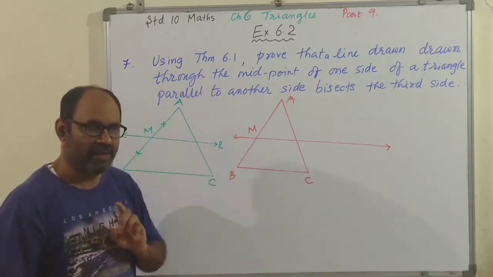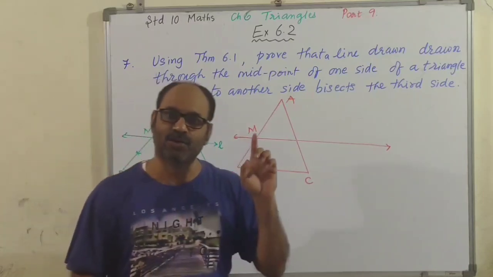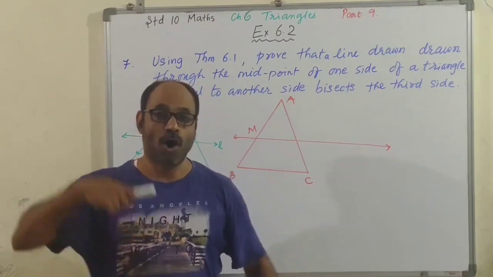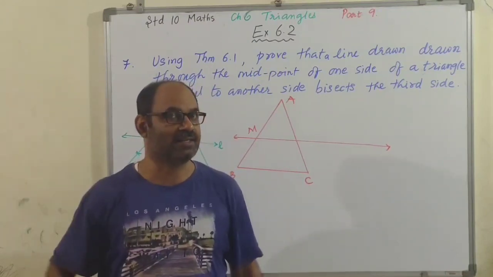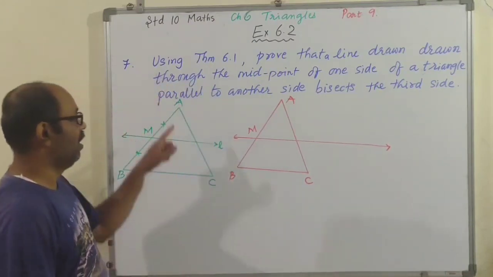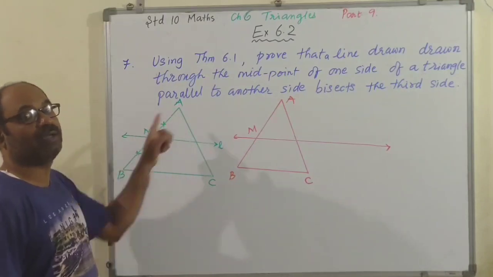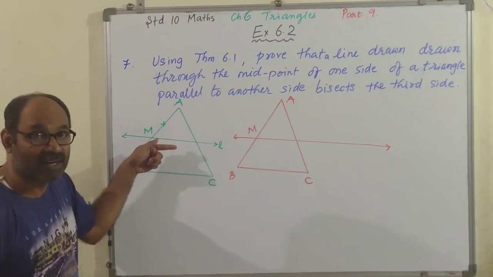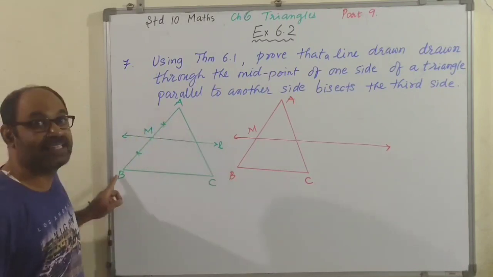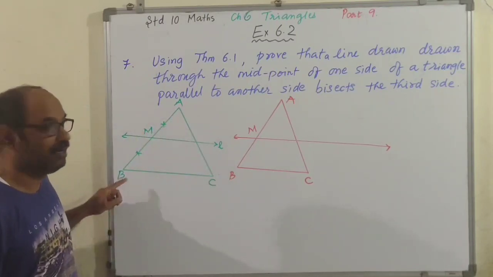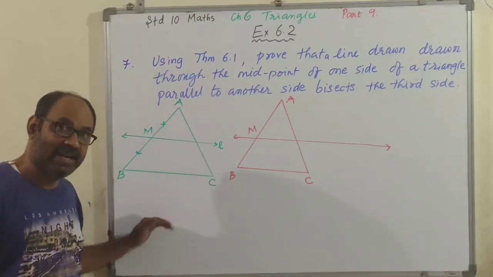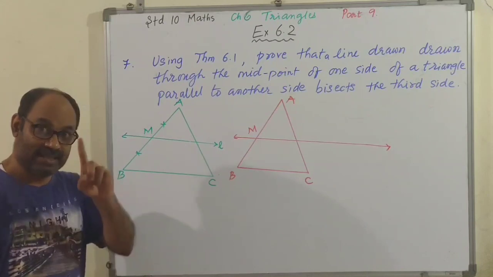There is a statement: a line passing through any one side and parallel to another side always intersects the third side. But there is one condition. The line should not pass through the vertex, the endpoint. A line intersecting any side of a triangle anywhere other than its endpoint, and parallel to the second side, will always intersect the third side.